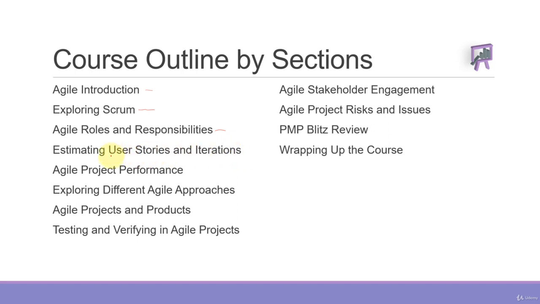A new term, user stories and iterations. So we'll walk through that. Measuring performance in Agile. Different Agile approaches, Agile projects and products, testing and verifying in Agile, Agile stakeholder engagement, Agile risk and issues. So that's really the big new stuff that's been added to this course.